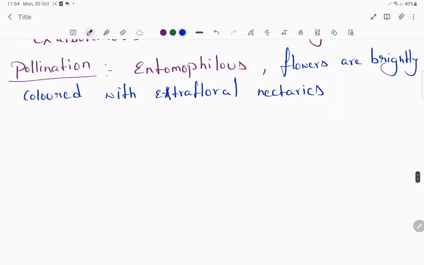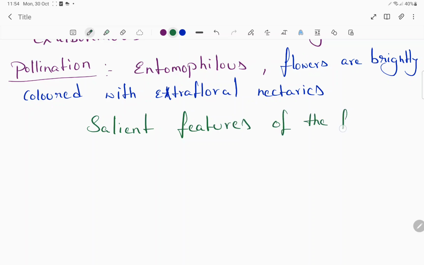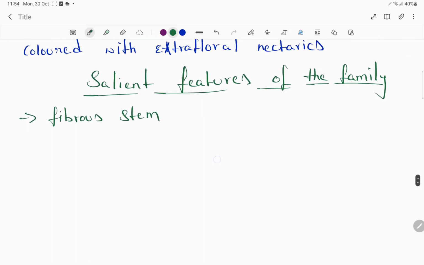So coming to the salient features of this family, most of the members exhibit a fibrous stem. Young stems and leaves are covered with stellate trichomes. They show mucilaginous ducts.